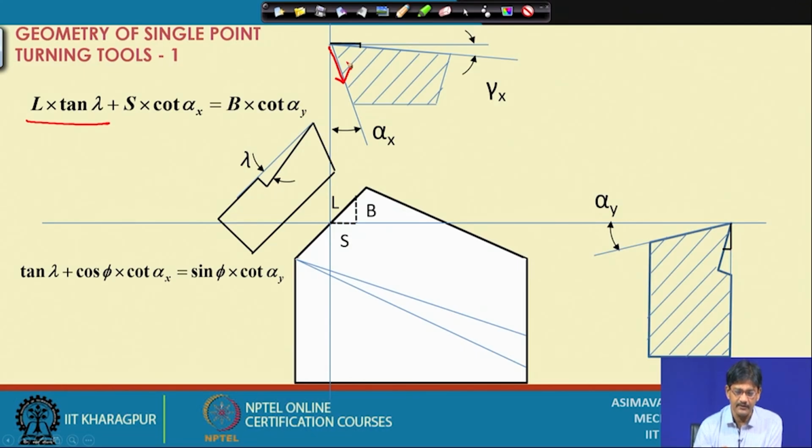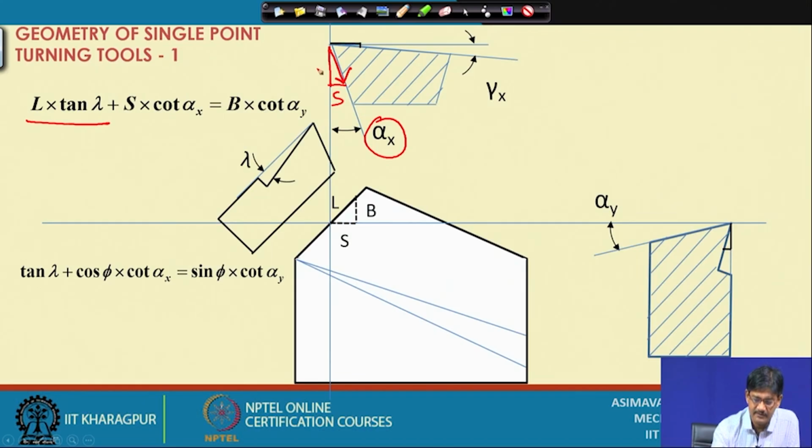We will be finding it out from this sort of a triangle, where this is nothing but S, and this angle as shown is alpha x.